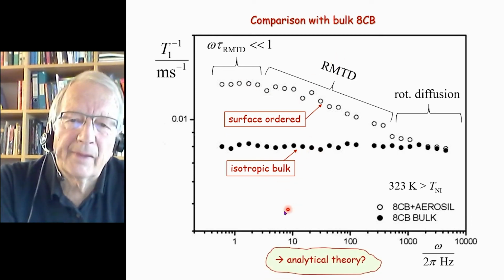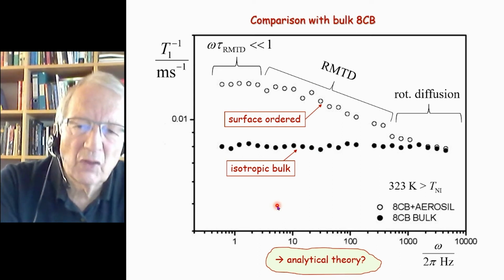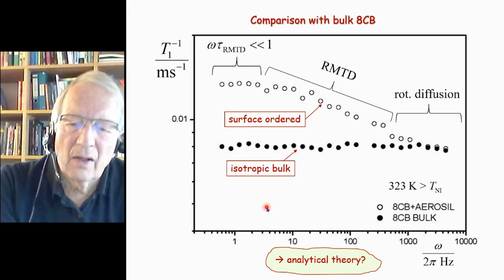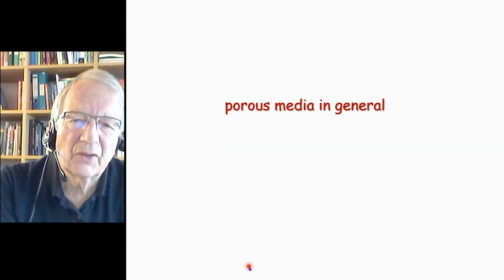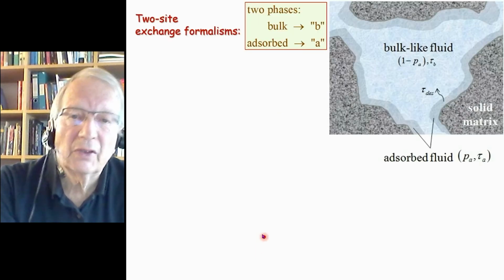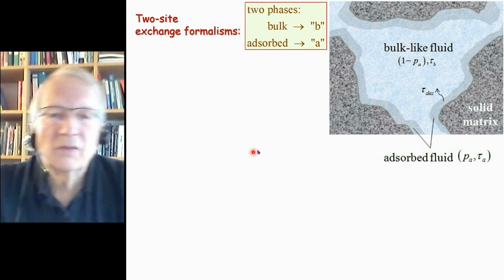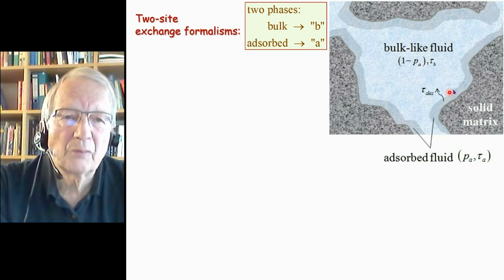Now, this was a Monte Carlo simulation. How can we do an analytical theory? And this refers to porous media in general. We consider a material where we have some adsorbate fluid confined in a porous, a solid matrix.